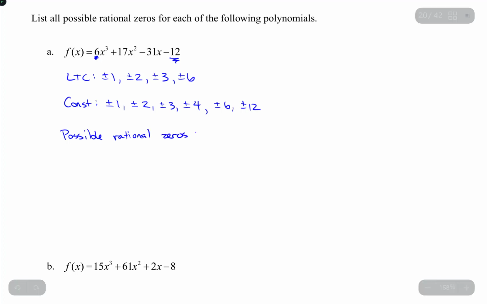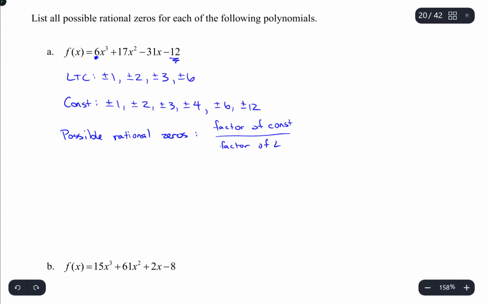These are always going to be of the form some factor of the constant divided by a factor of the leading term coefficient. So if I take each of the values in the constant list and divide them by each of the values in the leading term coefficient list, that gives me all the possible rational zeros.